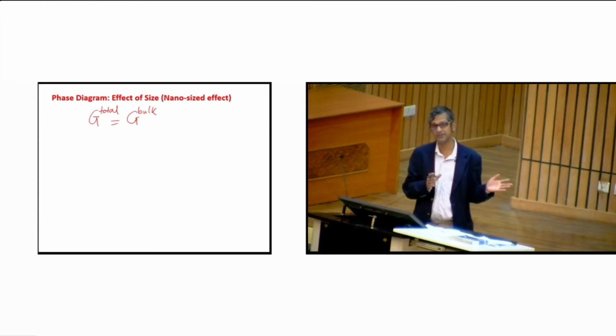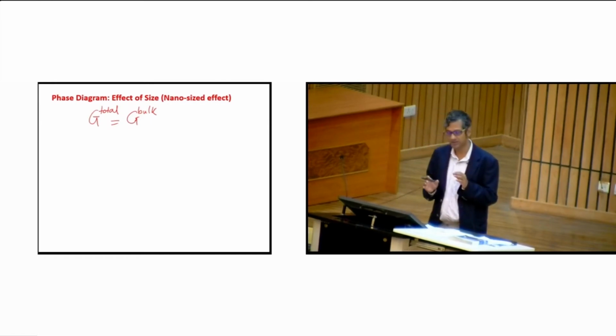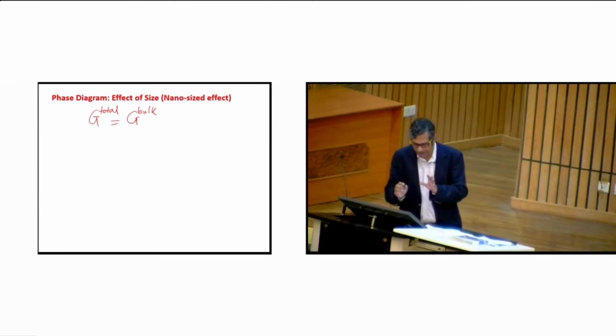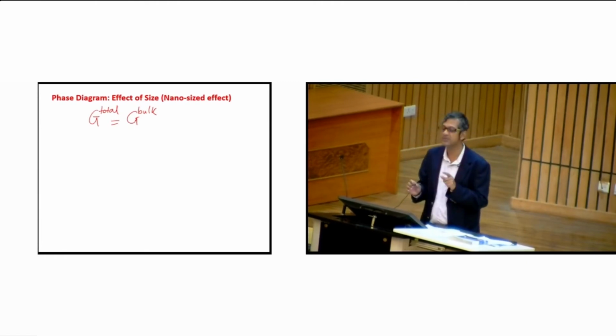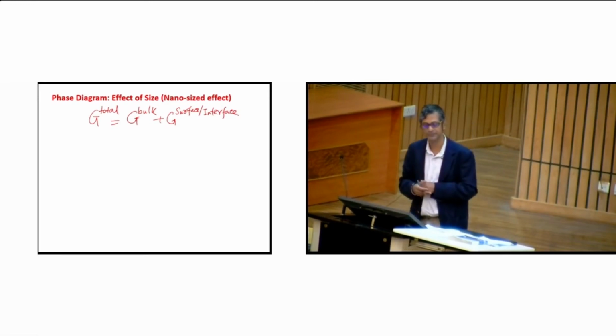That is a different thing. Not so much different, but there is a distinct difference between these two. But we are talking about Gibbs free energy, so let us focus on that. So, G total, Gibbs free energy total of a system, is G bulk and G surface or interface, right. In a nanocrystalline bulk material, you have grain boundaries, that is nothing but an interface.